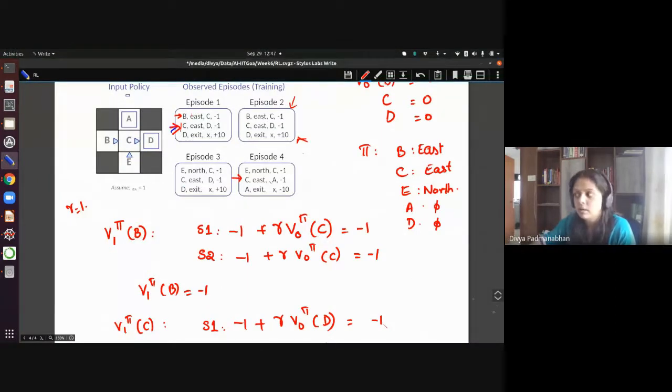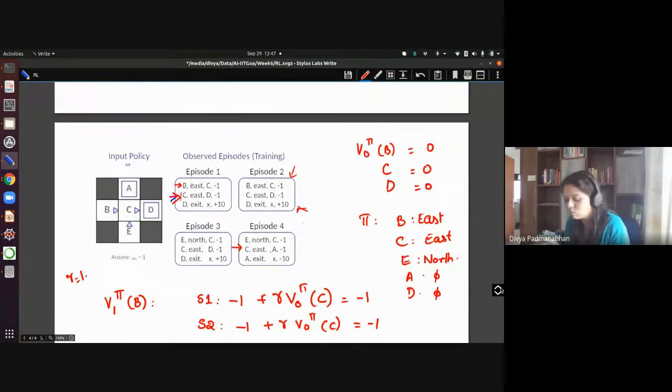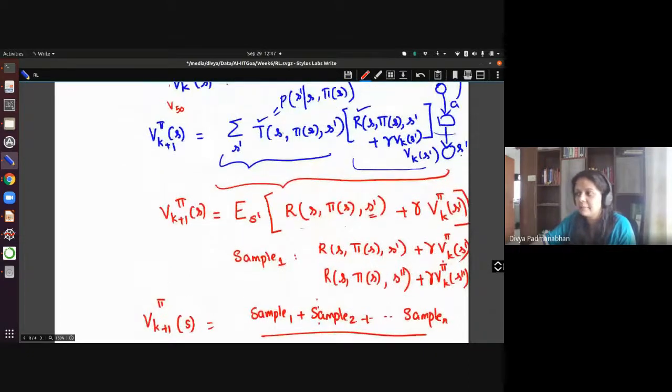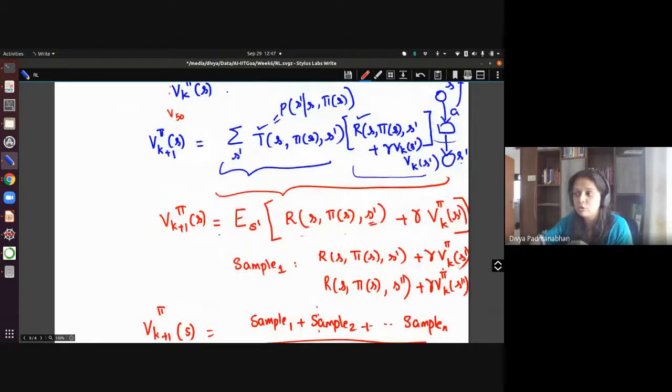Actually, what you want to do is, as and when you get your sample, do some updates like this, that would be more ideal. That's actually what you want to get to finally. But the issue is that in this step, see how you are computing the values iteratively. So you need many samples where you started off at S.